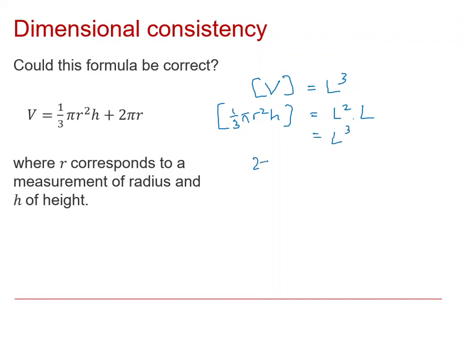And 2 pi r, again 2 and pi are dimensionless numbers, times a length, so the dimension is L. Now that seems to be saying that an L cubed term is equal to the sum of an L cubed and an L term, and that is inconsistent, and therefore we dismiss that formula as nonsense.